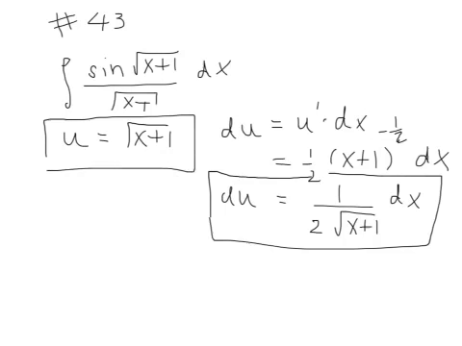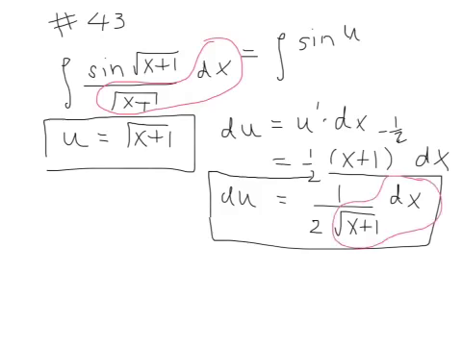Okay, now we go ahead and put all this into the original integral. So we got the integral of sine of u, and then you see all this, dx divided by square root of x plus 1.